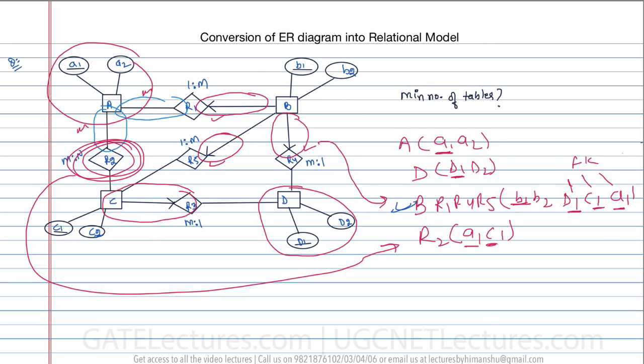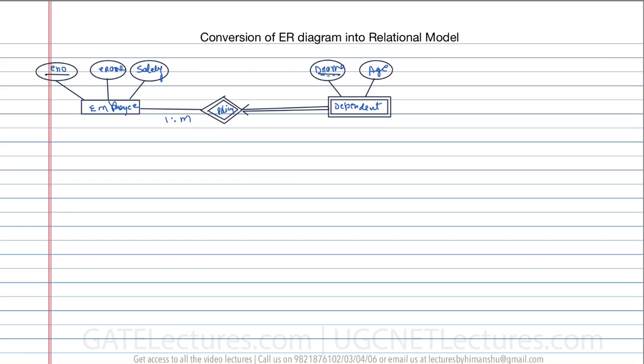Both A1 and C1 are key attributes. And for C, we have to create a relation combining C and R3. It is having C1, C2 and D1, so D1 and C1 will be there. So this is how you can easily convert an ER diagram to a relational model.